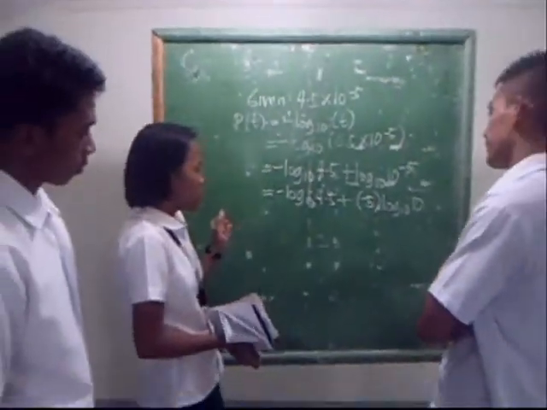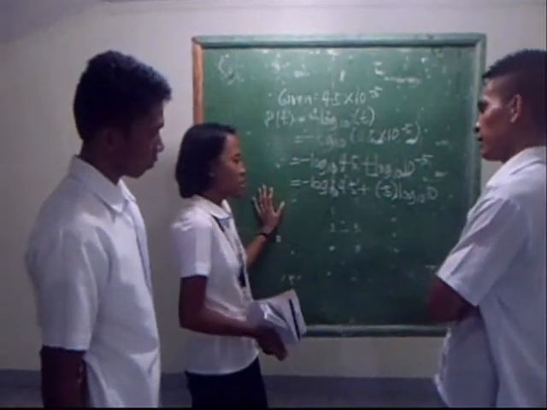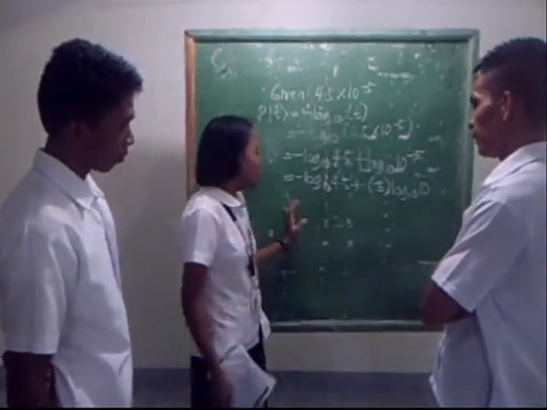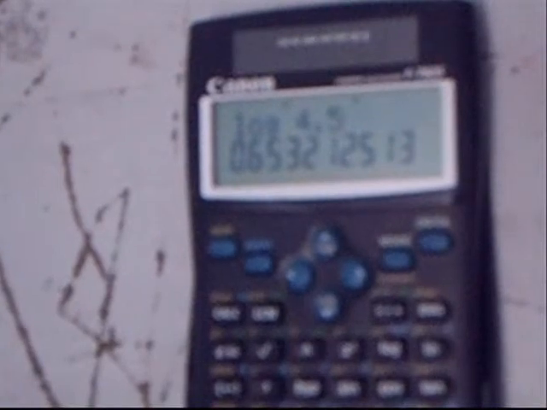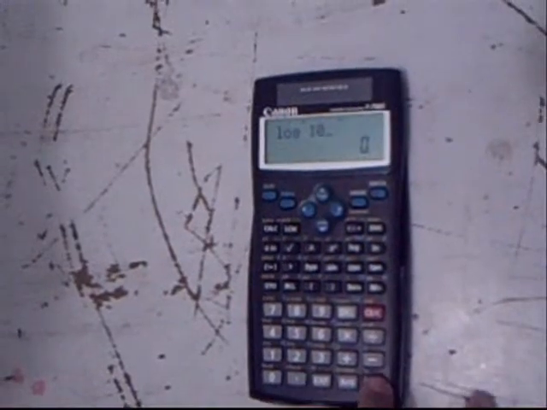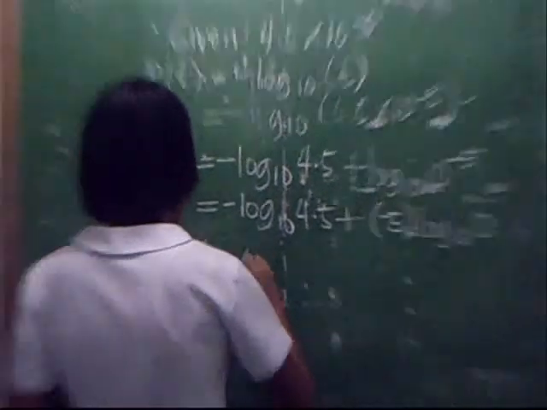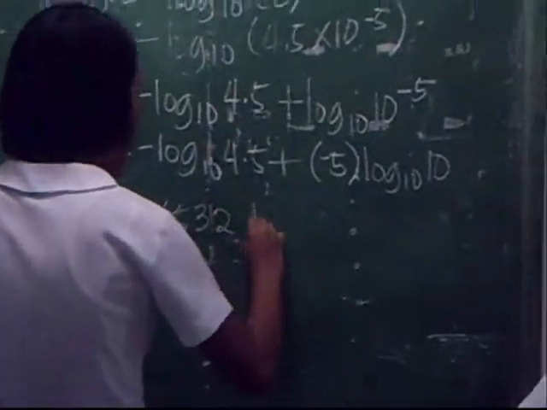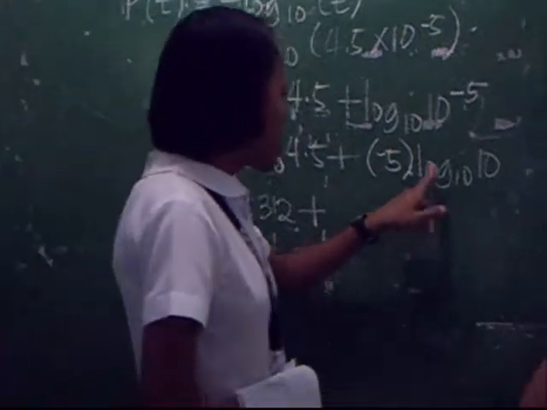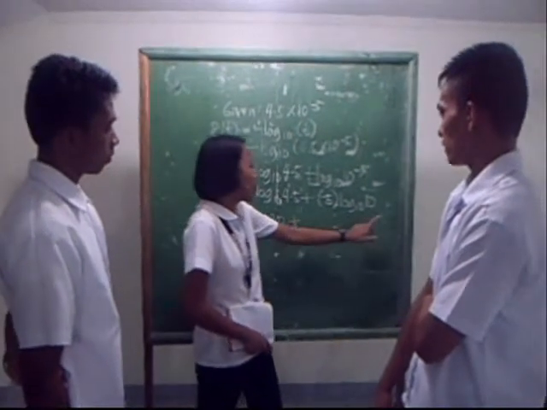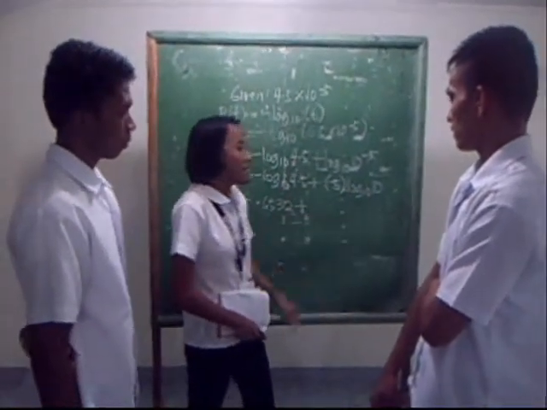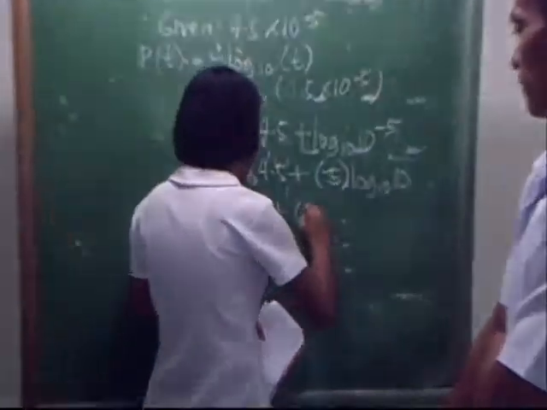So we need to use a scientific calculator to get the values. Log 4.5 is equal to 0.6532 and log 10 is equal to 1. So we multiply negative 5 times 1, which is equal to negative 5.